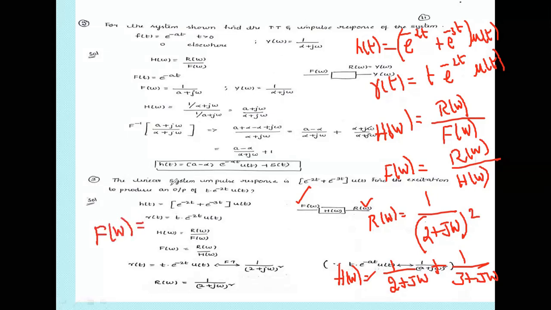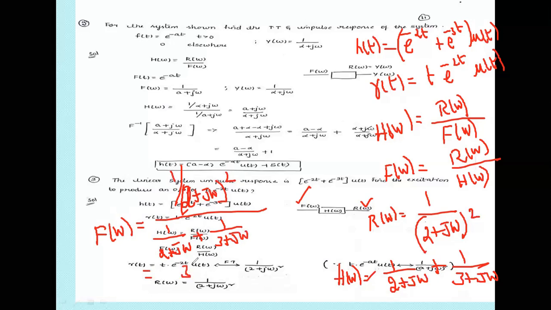F of omega is equal to R of omega, 1 by (2 plus j omega) whole square, whole divided by H of omega, 1 by 2 plus j omega plus 1 by 3 plus j omega. Simplify this function.